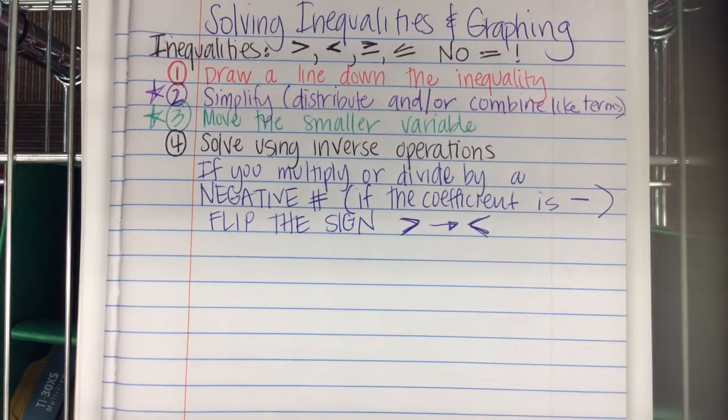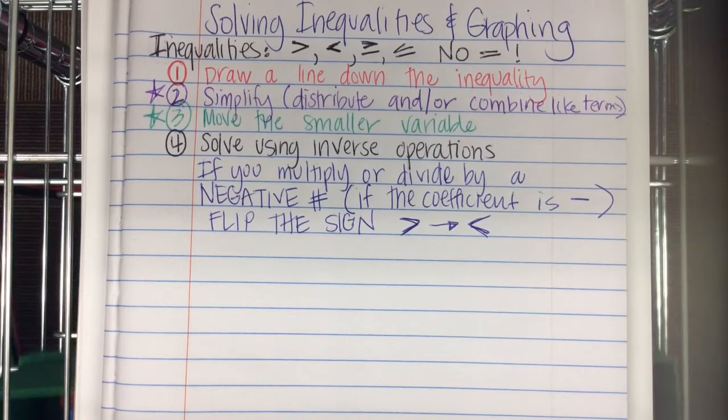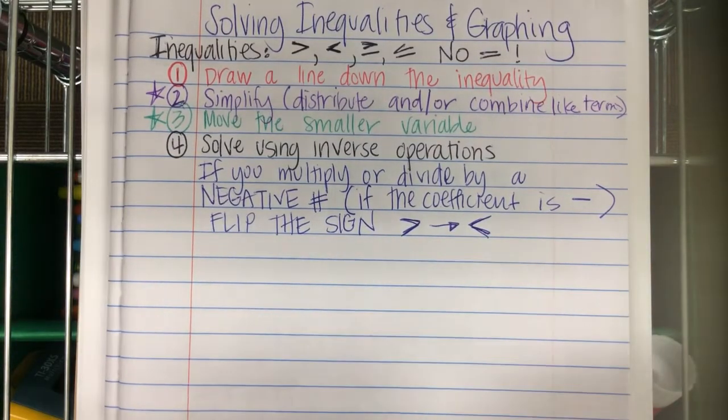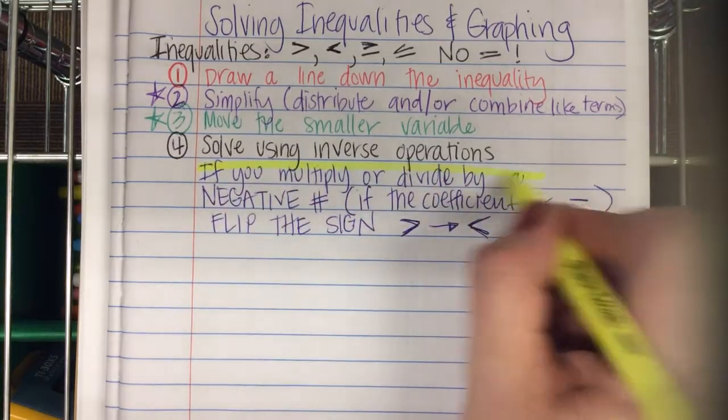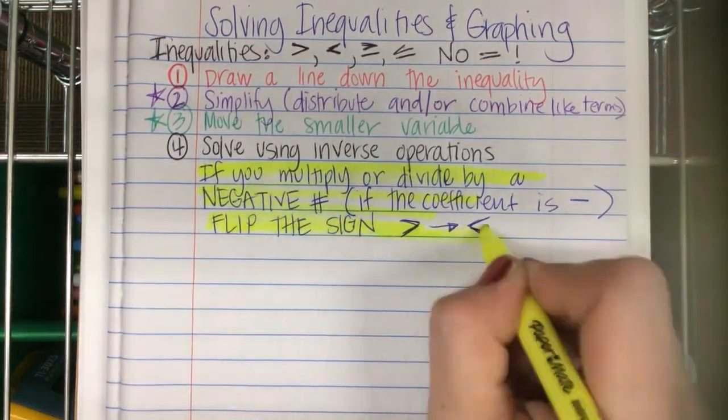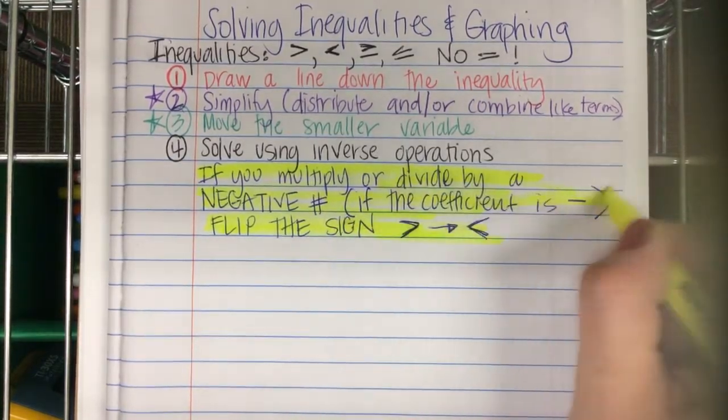If it's a less than sign, it flips over to a greater than sign. If you multiply or divide by a negative number, if the coefficient in the problem is negative, flip the sign.